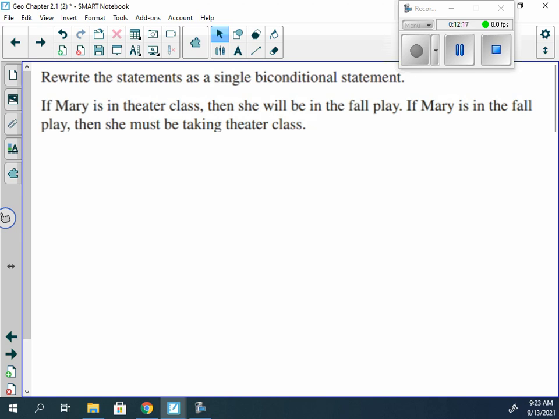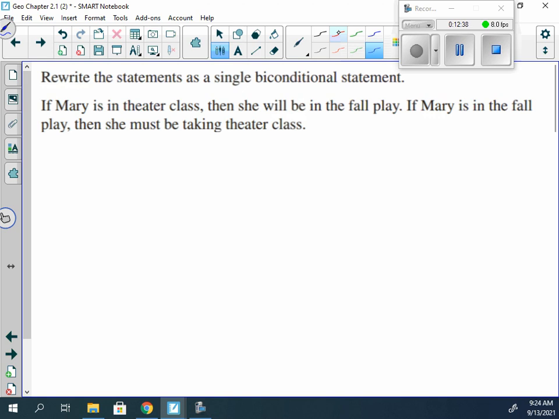Let's look at this one here. If Mary's in theater class, then she will be in the fall play. If Mary's in the fall play, then she will be in theater class. So are these two the same statement? Essentially, they changed the wording a little bit. But they're both true.